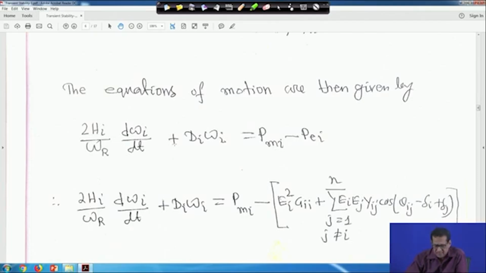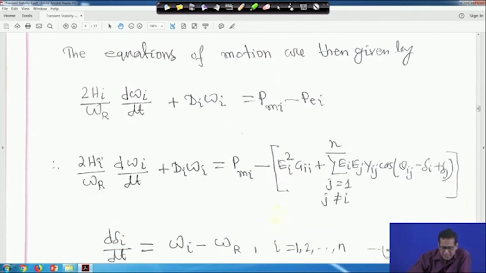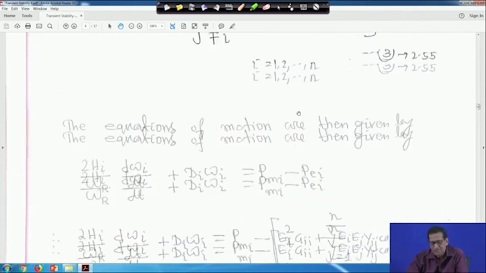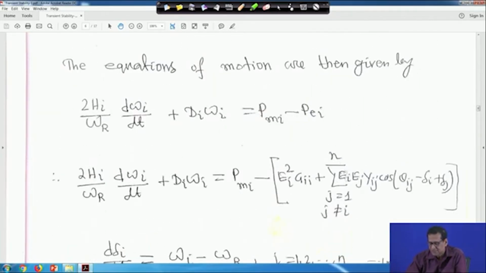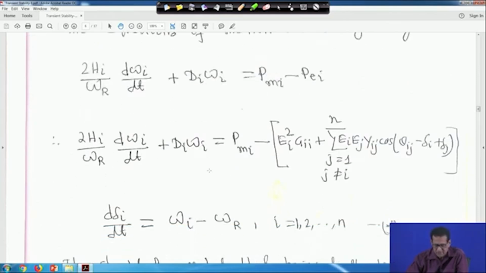Substituting the expression for Pei, we get Pmi minus, in brackets, Ei squared gii plus the sum over j equal to 1 to n, j not equal to i, of Ei Ej yij cosine of theta ij minus delta i plus delta j. This is your equation for omega.